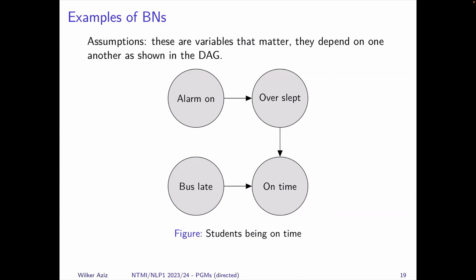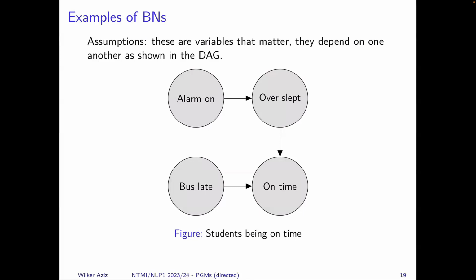So, walking the dog doesn't play a role. The weather outside doesn't play a role. So there is already an assumption here that these are the only variables that matter. And not only that, they actually matter in a specific way. So we are using our knowledge of the domain to motivate some choices here.